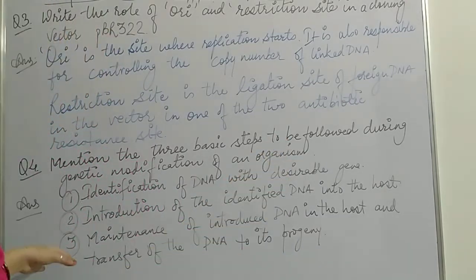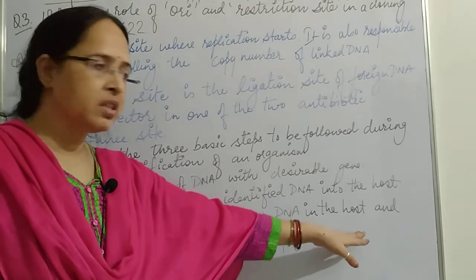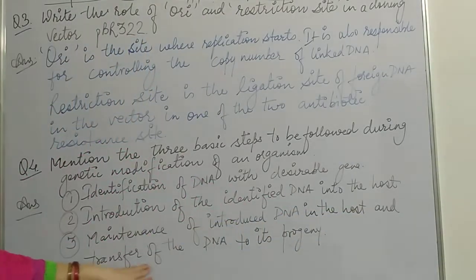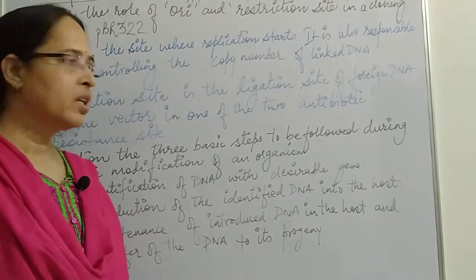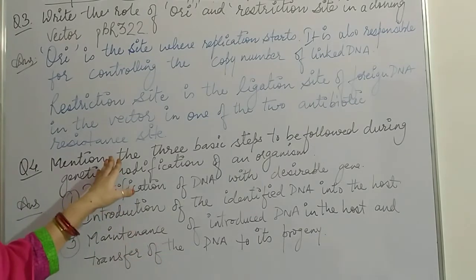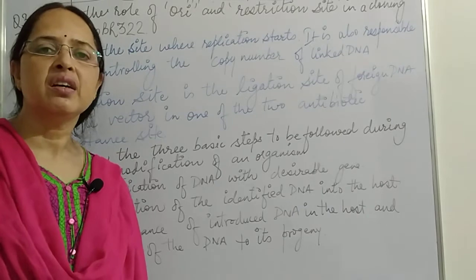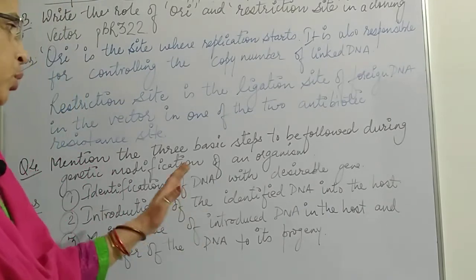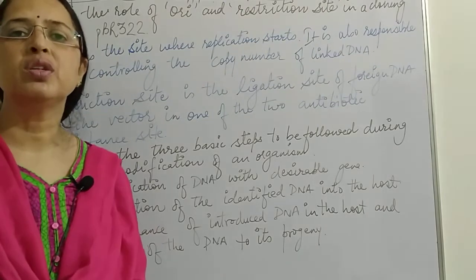So now the third step is maintenance of introduced DNA in the host and transfer of the DNA into its progeny, that means to the next generation. So here are the 3 steps. In 3 steps we have concluded the process of a genetically modified organism, GMO. So these are the 2 questions. So overall 4 questions. Now we'll come to the next question.